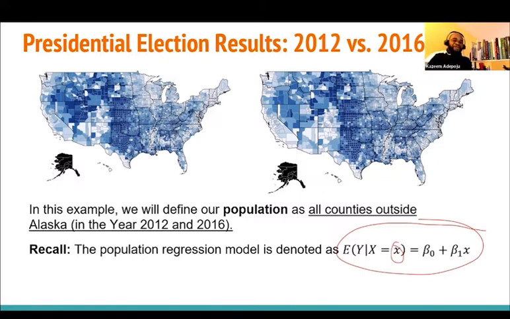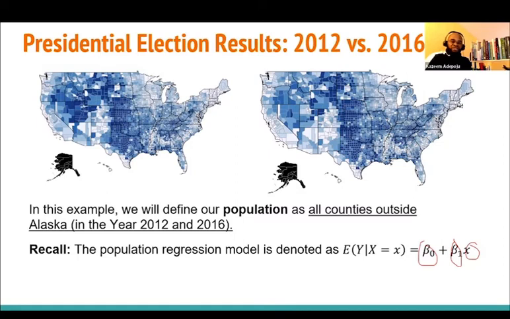If I know the percentage that voted for Romney in 2012, can I say on average the percentage that will vote for President Trump? That's what I mean by the expectation of y given x equal to small x, and that is equal to beta naught plus beta 1 x. The moment I know my beta naught and my beta 1, I can plug the values of x into that equation, and automatically I will be able to determine, on average, the percentage that voted for President Trump.